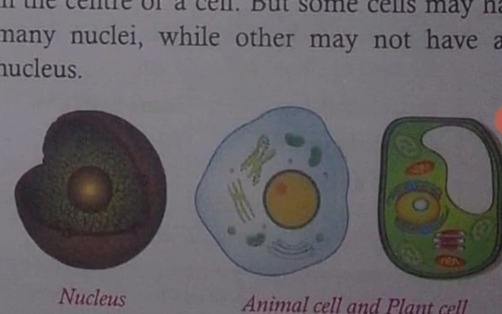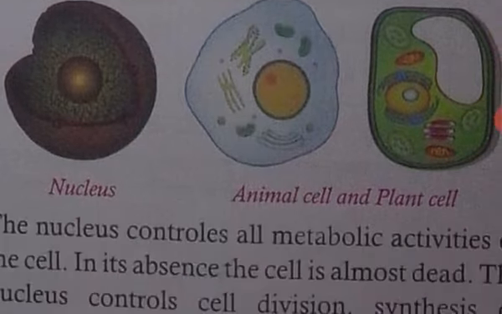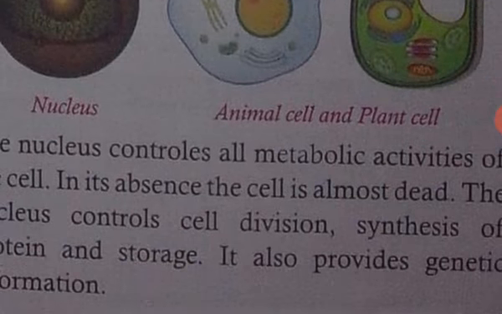The chromatin is a network of fine threads. During cell division, chromatin is condensed into thick cord-like structures called chromosomes. The chromosomes contain genes that help in inheritance, that is, they transfer information from one generation to another.